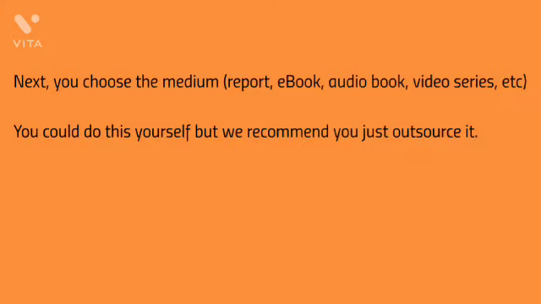And what you want to do is create an outline. Now, you can take a look at other ebooks, other reports, other audiobooks that are similar, not necessarily wanting to copy it, but to get an idea of how it's laid out.